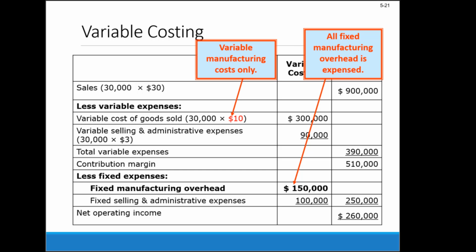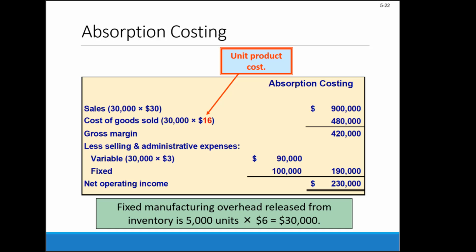So now the difference is the other direction, right? Variable costing net income $260,000, absorption costing net income $230,000, related entirely to the fact that here in year 2, we're releasing from inventory $30,000 in fixed overhead that was previously deferred in inventory.